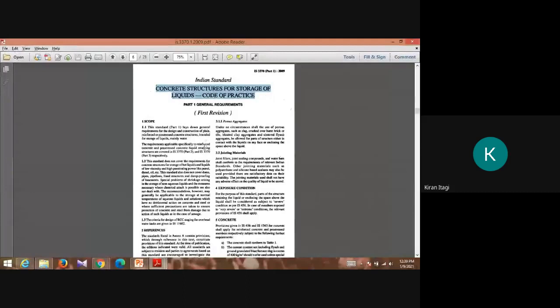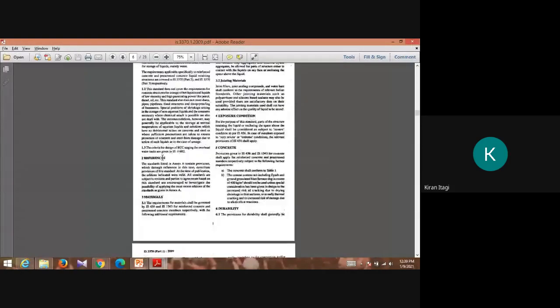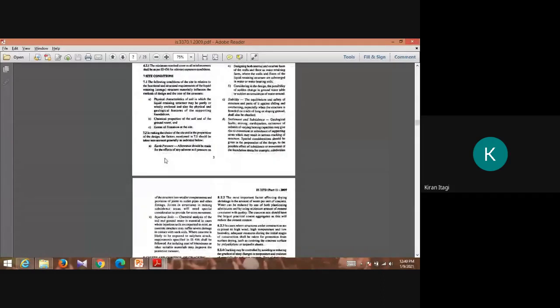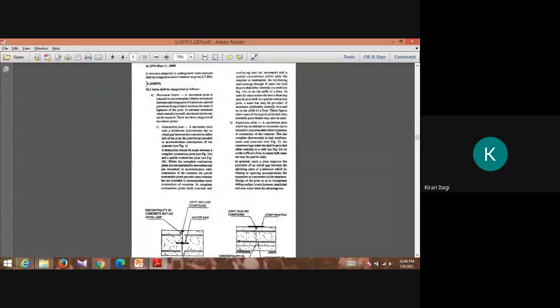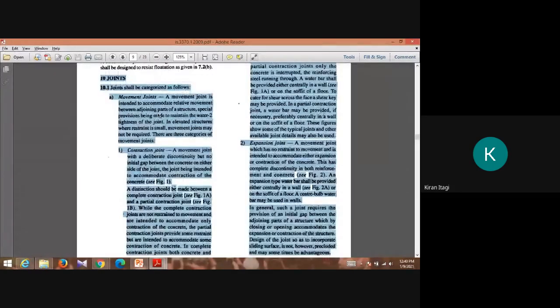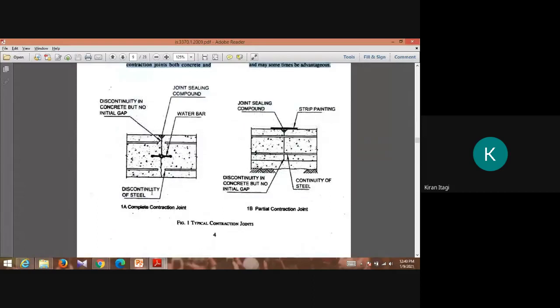So just once go through the code book. From here we have the joints. Everything is given about the joints used in water tanks: contraction joint, expansion joint, all types of joints, with diagrams.